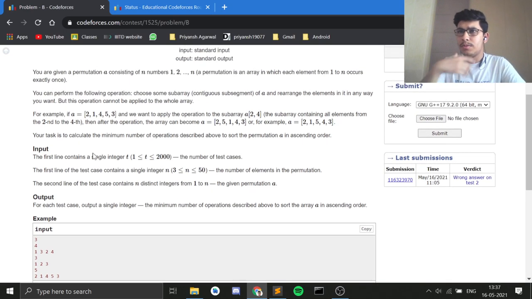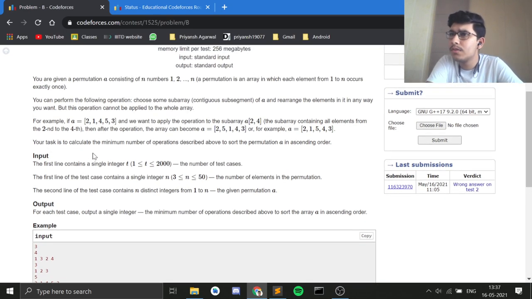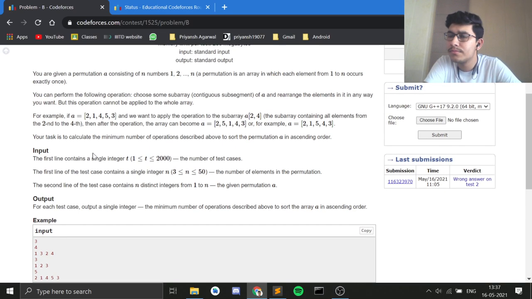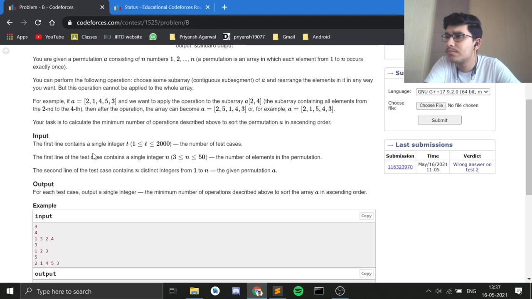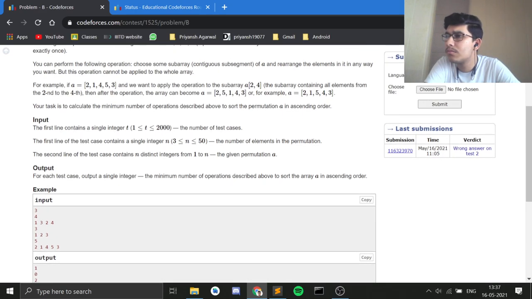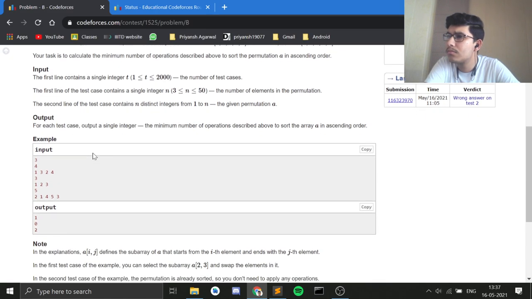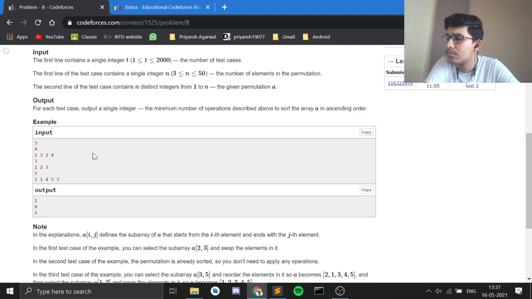Right, maybe I have read the problem wrong. Given a permutation A consisting of n numbers, choose some subarray, a contiguous segment, and rearrange the elements in it in any way. Cannot be applied to the whole array. That is fine. So can there be any other way that it requires only one operation?